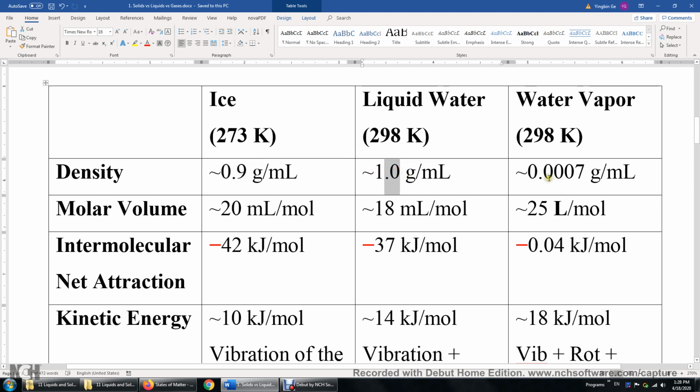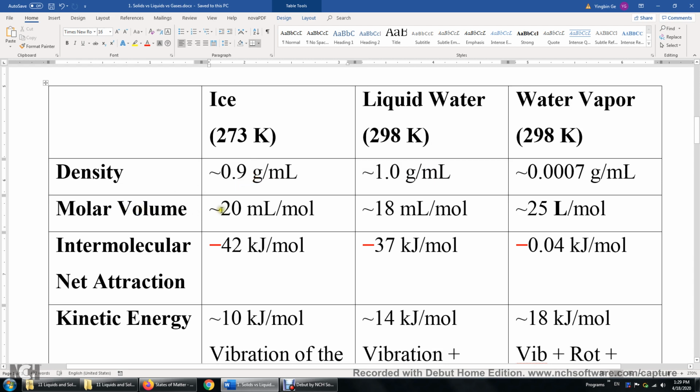How about the density of water molecules in the gas phase? This is much, much smaller than that in the solid or liquid phase. I want you to pay attention to these numbers. Water is very special. In nature, only water has a higher liquid density than the solid density. Now, molar volume.